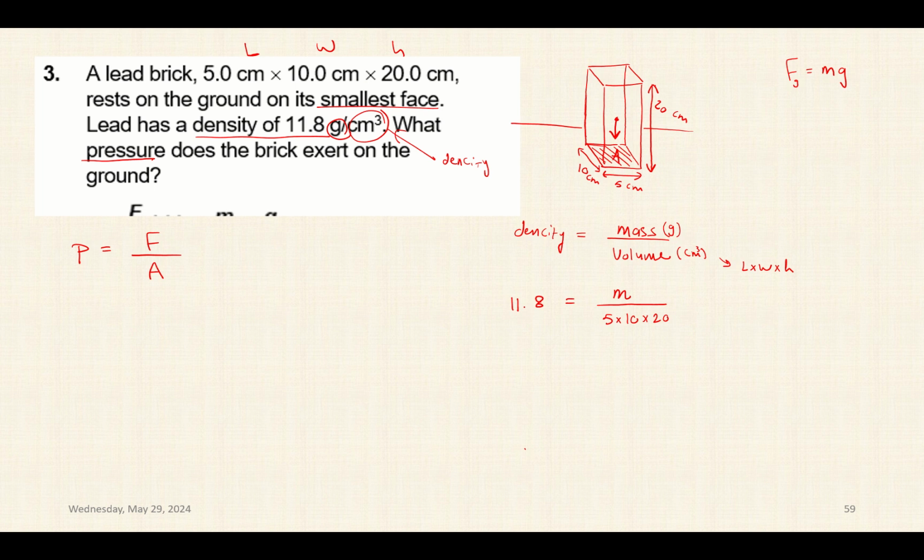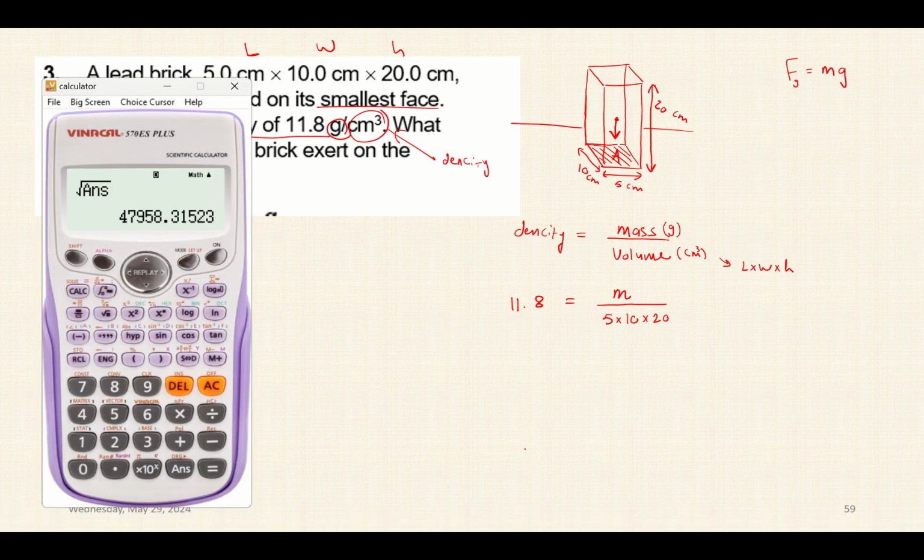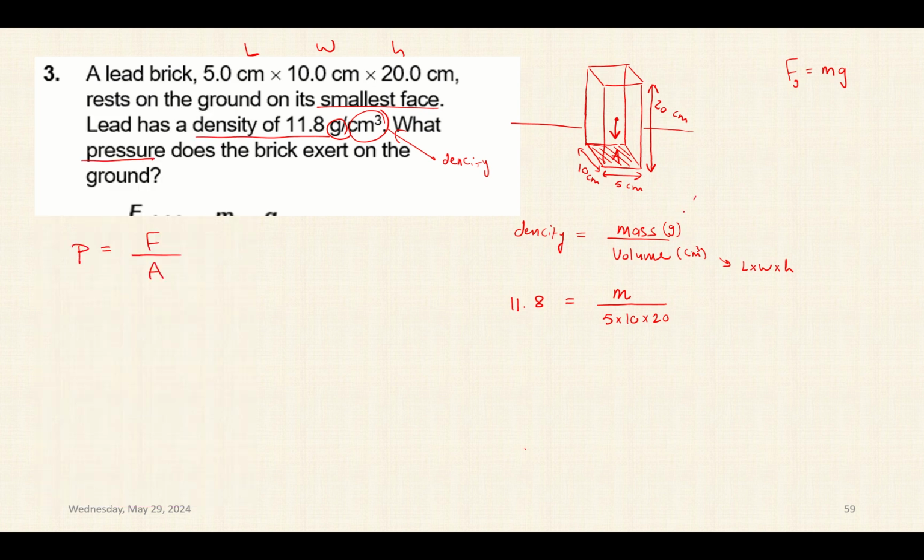Rearranging the equation or using shift solve on the calculator, we'll put x here because we need to find the mass. 5 times 10 times 20. Shift calc equal. You'll see that the mass is 11,800 grams. See, the unit is in grams. So the mass is 11,800 grams.